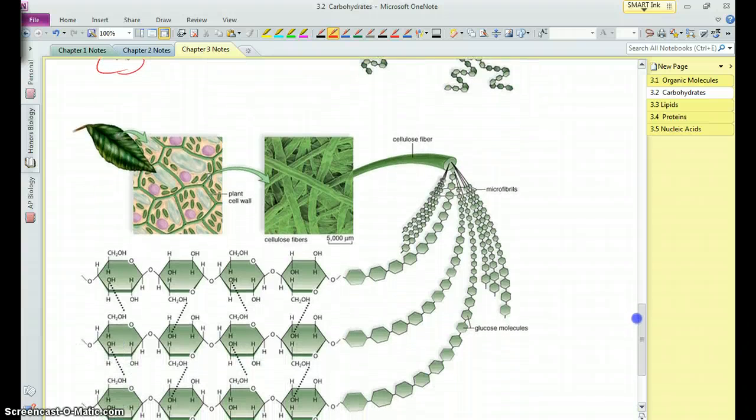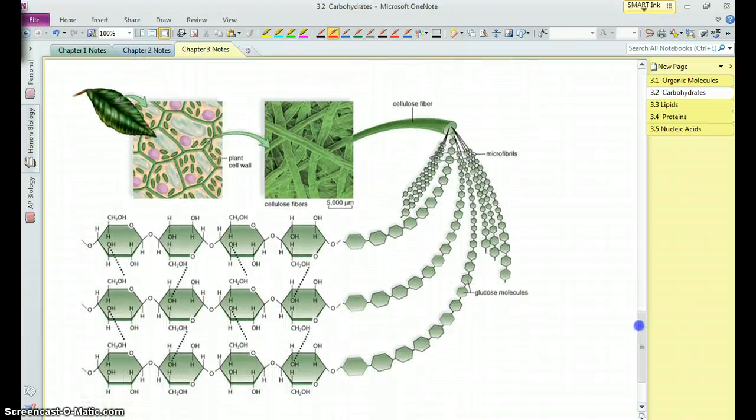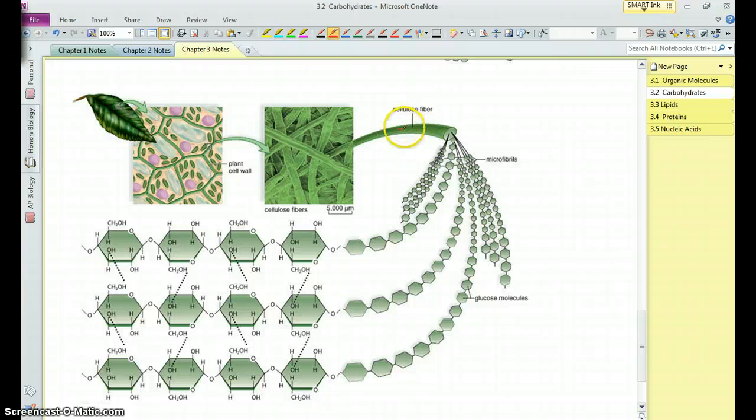Now, another type of polysaccharide that's important is what's known as cellulose, and it's found in plants, and plants use cellulose to construct their cell walls, and they form a very rigid structure. We'll talk about that more later when we talk about cells.